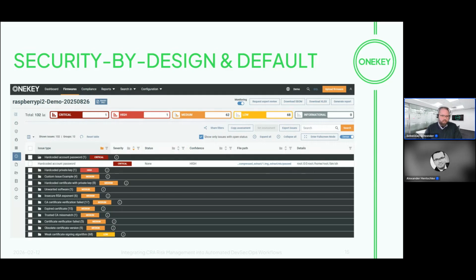So here, for example, we say that a scan of a Raspberry Pi firmware detected hard-coded account passwords, which would surely be a violation of secure by design principles. We also find things like hard-coded keys, expired certificates, and so on. So here again, we support you to really verify that your security by design activities are successful.